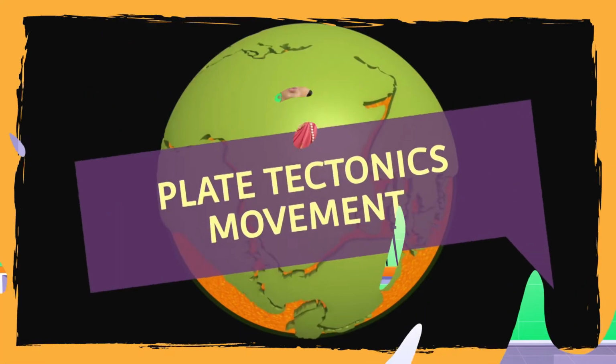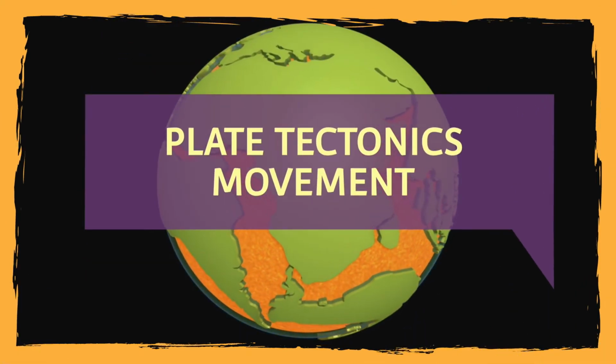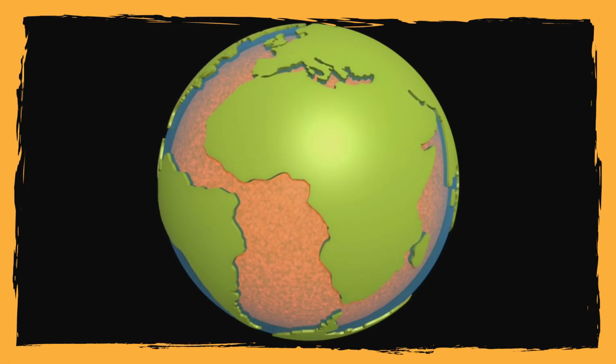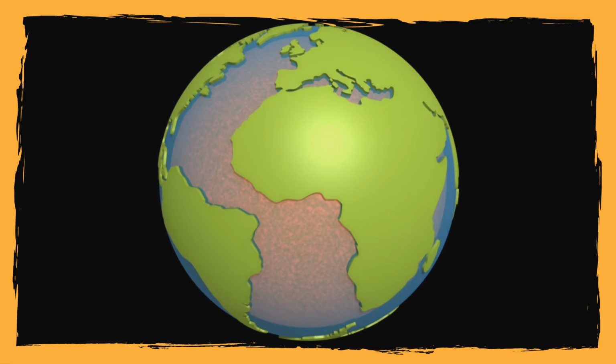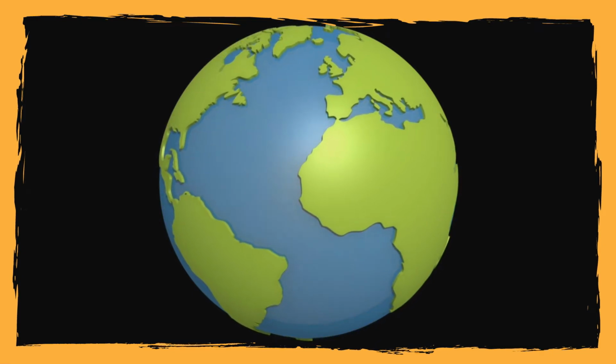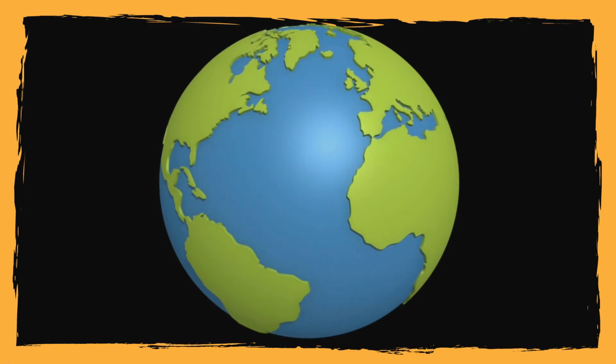The second endogenic process is called the Earth's crust movement, also known as plate tectonic movements. According to the theory of plate tectonics, Earth's crust is divided into several pieces of plates. These plates constantly move, resulting in collision and divergence.